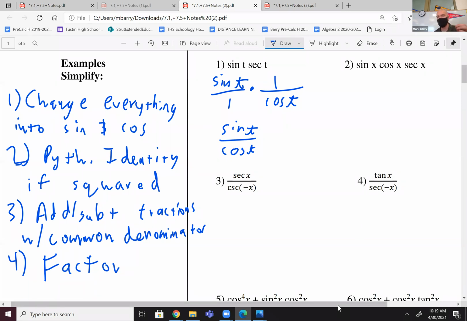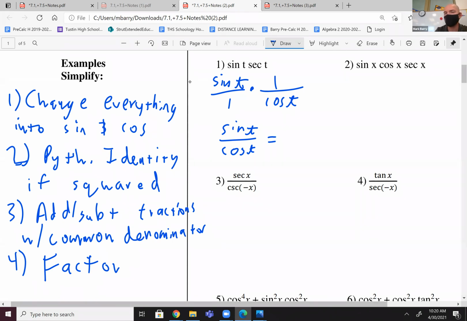Now, remember our goal here is to simplify. Have I simplified this problem? Is it simpler now than the original? I would argue yes, because the original was 2 different trig functions multiplying, and now it is 1 fraction of trig functions. But I think I can simplify it a little bit further, with 1 more step, which also answers the question: why don't mathematicians need to go to the beach?